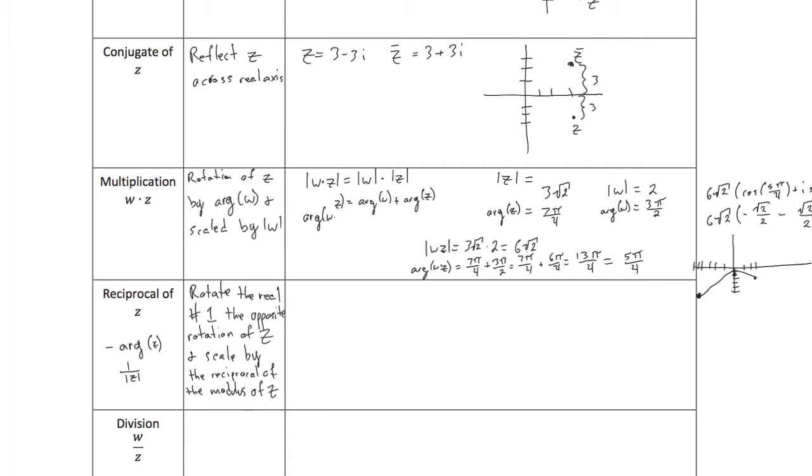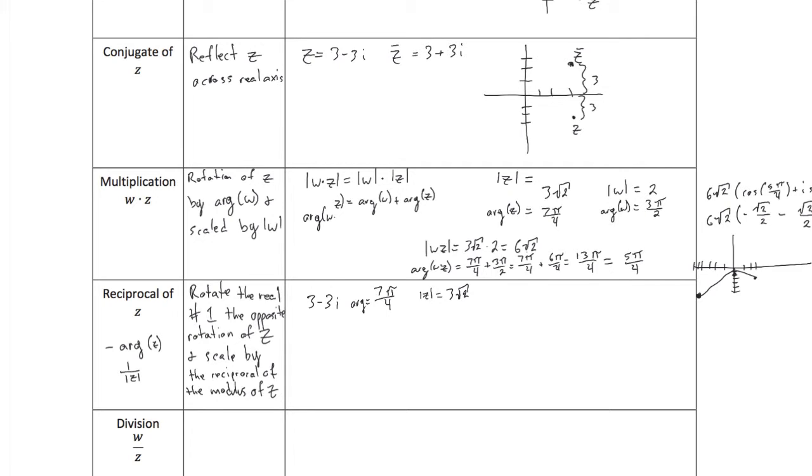Let's show it out. So if I take my 3 minus 3i, it has a rotation of 7 pi over 4, and it has a dilation, so modulus Z equals 3 root 2. So I want to find a rotation to get back to the real number 1.